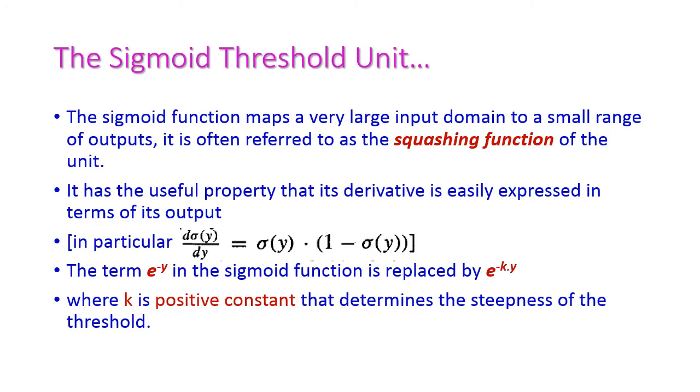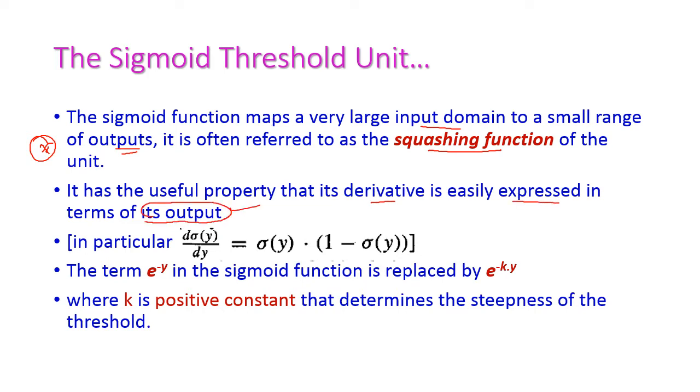Here the sigmoid function maps a very large input domain to a very small output, which is otherwise called a squashing function. It has a useful property that its derivative is easily expressed in terms of its output.